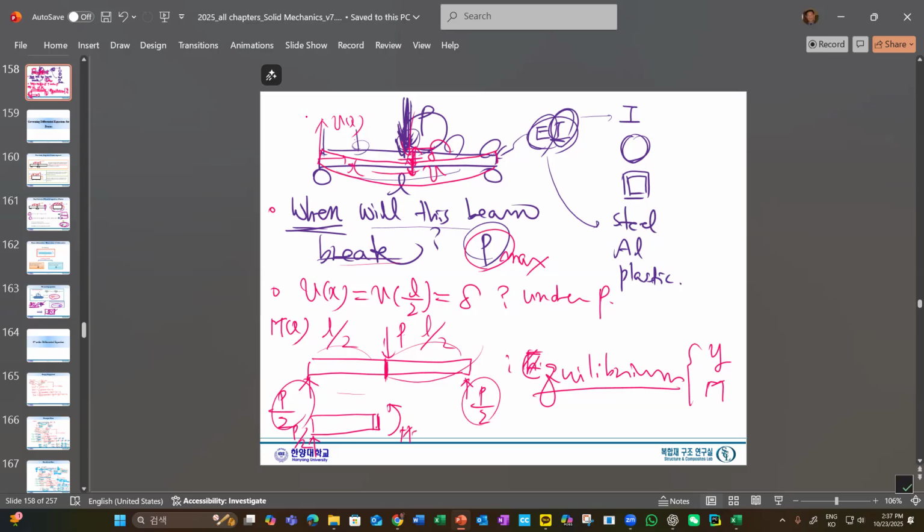The moment is P over 2 times L over 2. So simply P over 2 times L over 2 makes PL over 4. This is the moment you should carry at the center, right?